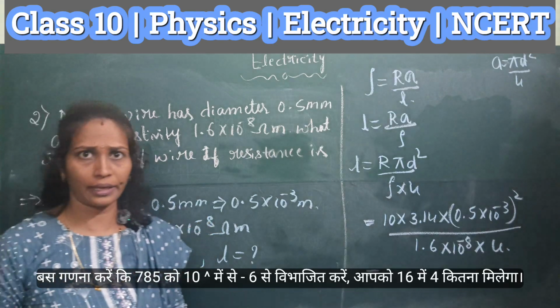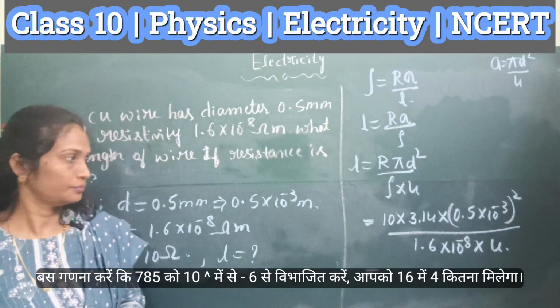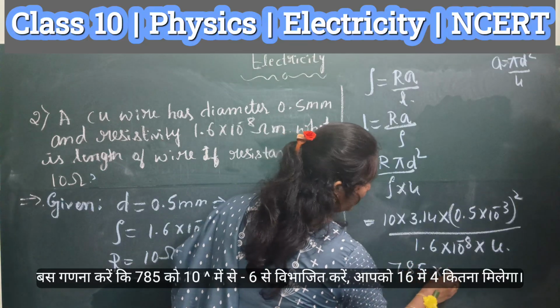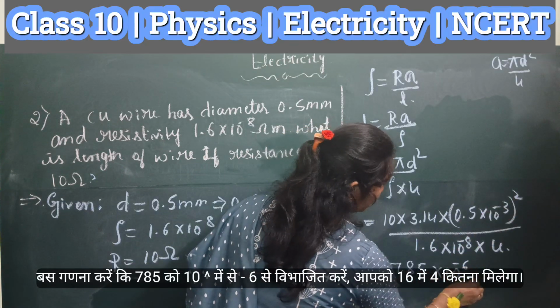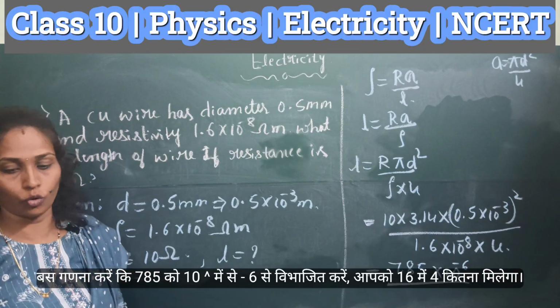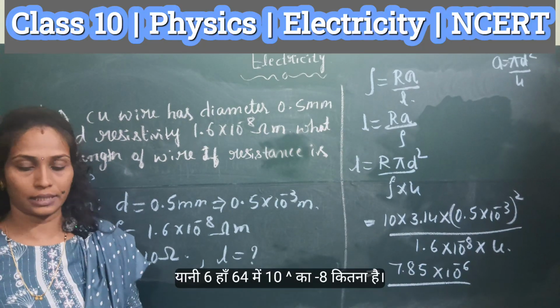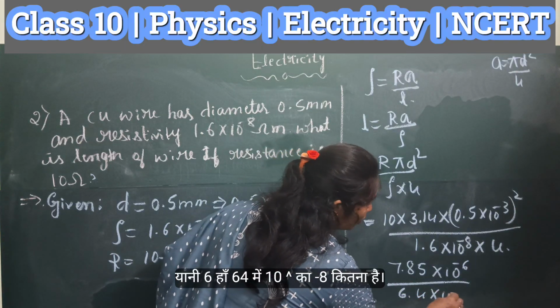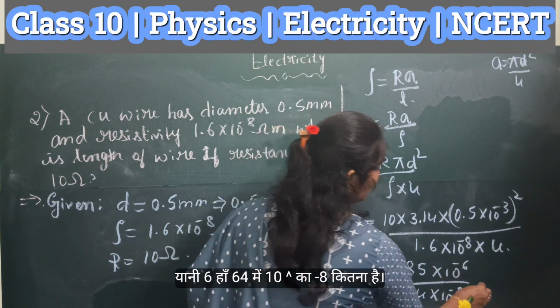Just calculate. 7.85 into 10 to the power of minus 6 divided by how much will you get? 1.6 into 4, that is how much? 6.4 into 10 to the power of minus 8.